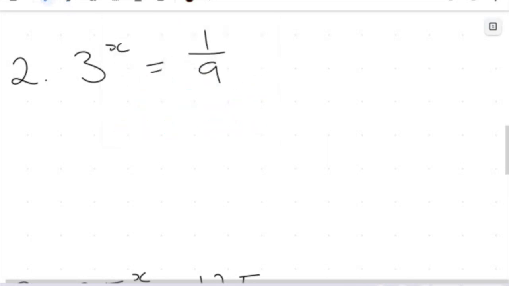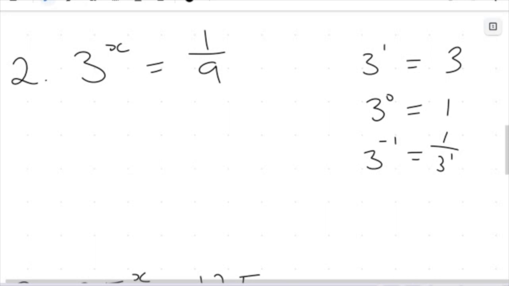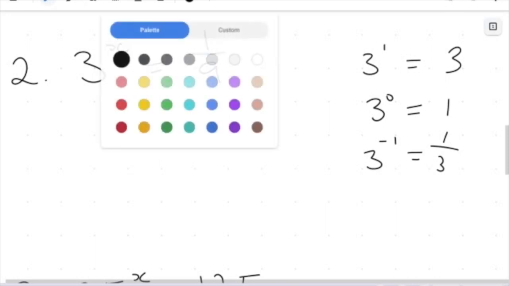So let's try putting in a couple of different values and see how we can write this 1 over 9 in terms of indices of base 3. Now 3 to the power of 1 is 3. 3 to the power of 0, well, any number to the power of 0 always gives us 1. 3 to the power of negative 1 is going to be 1 over 3 to the power of 1, or just 1 over 3.